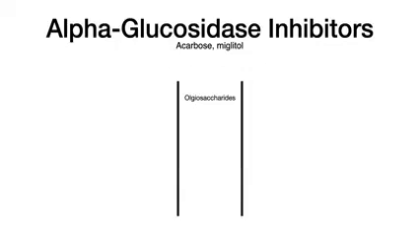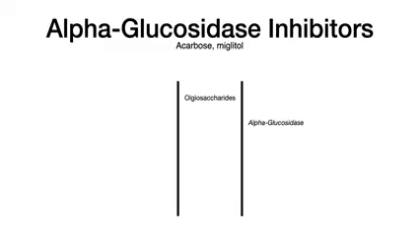You've got these oligosaccharides, which are basically the precursor components of glucose that have not yet been broken down into their monosaccharide derivatives. Basically, glucose is a monosaccharide and it comes from oligosaccharides. So as these oligosaccharides flow through the intestine, they pass the brush border, which has this enzyme, alpha glucosidase, just chilling on the side.